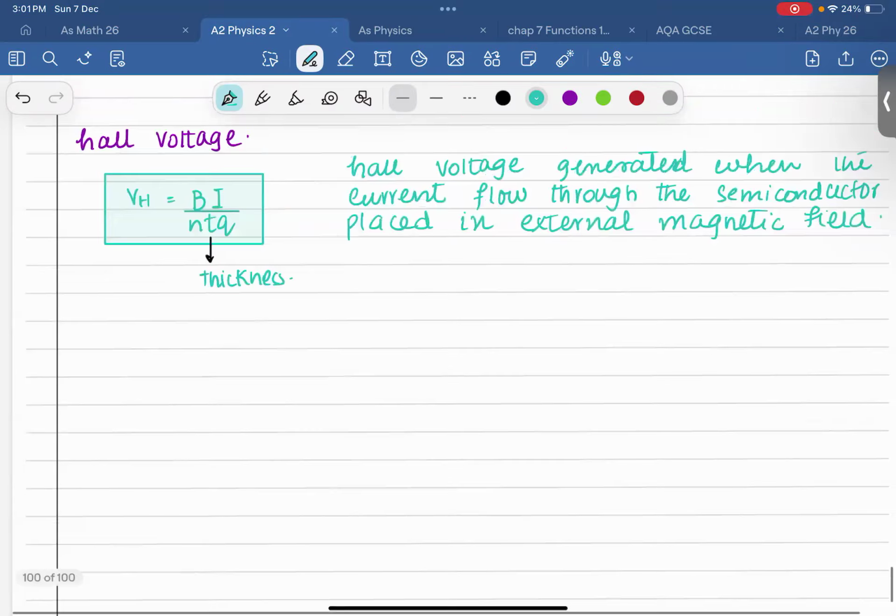So the Hall voltage is basically generated when you have the current flow through the semiconductor, and when that semiconductor is placed in the external magnetic field.